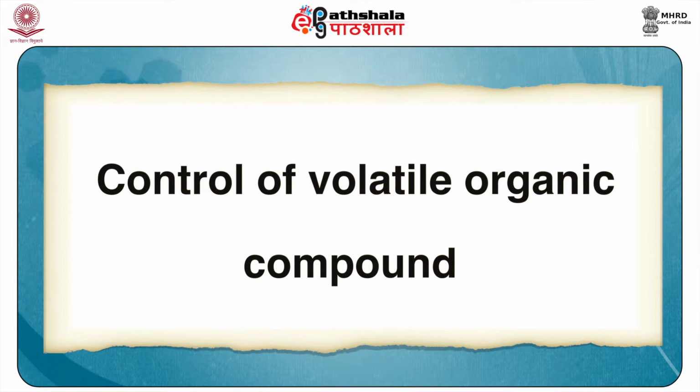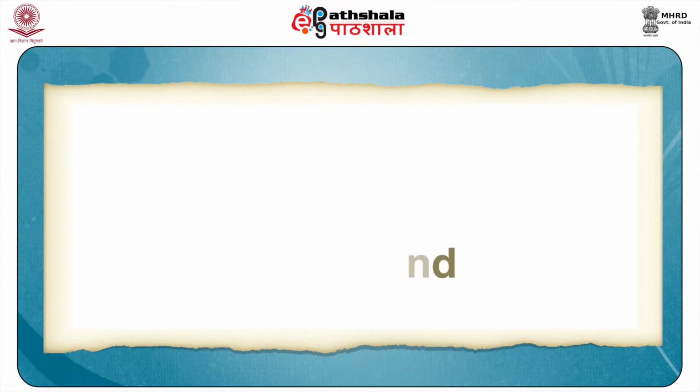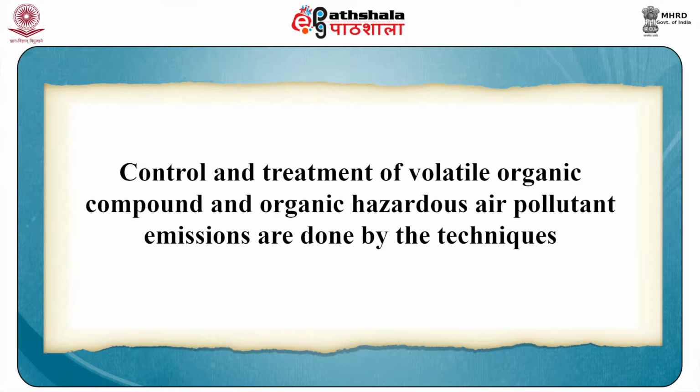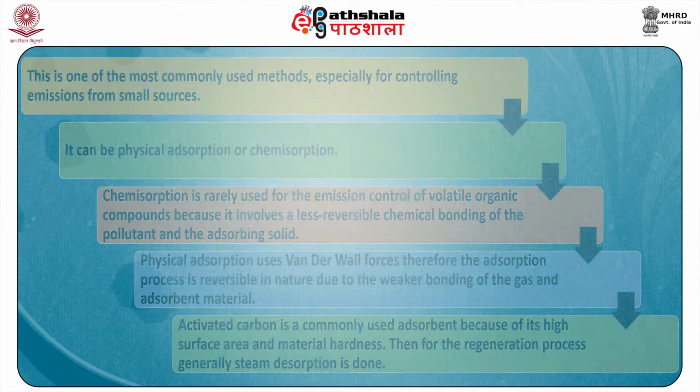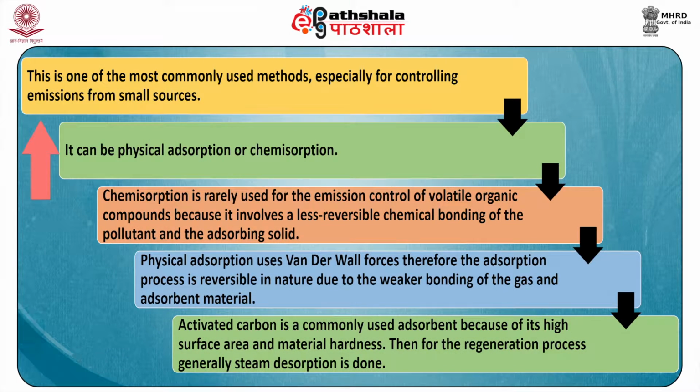Control of volatile organic compounds. Control and treatment of volatile organic compound and organic hazardous air pollutant emissions are done by the following techniques. Adsorption. This is one of the most commonly used methods, especially for controlling emissions from small sources.